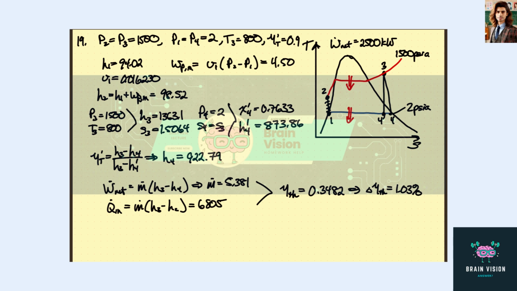Anyway, regardless, you can figure it out, whether I used H1 or H2. I probably should have used H2, but if we say that the pump work is 0, then H2 should be equal to H1. So it's a very minor difference in what we'd get out. I can't find it in my notes.